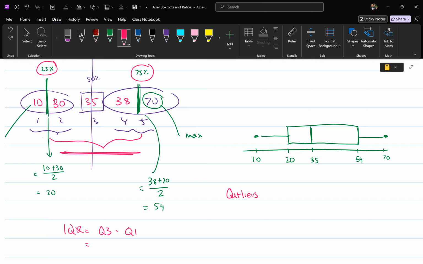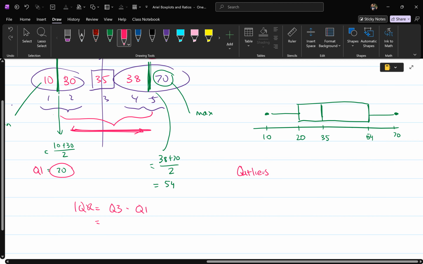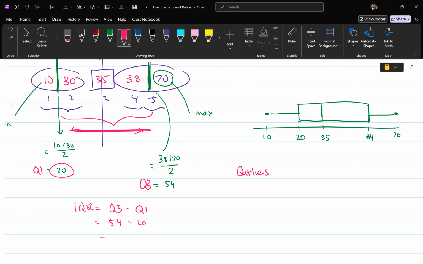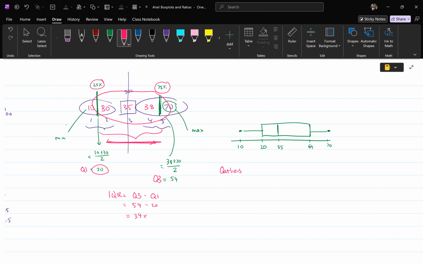You want to know how far apart they are. Really, Q1 is 20, and Q3 is 54. So 54 take away 20 gives me a distance of 34%. That's the middle 50% of the data, about 34% in distance. So 20 to 54 is 34%.